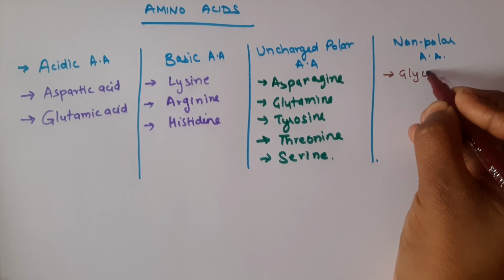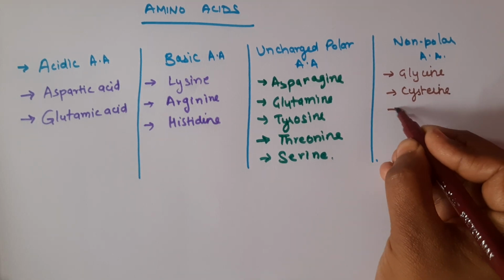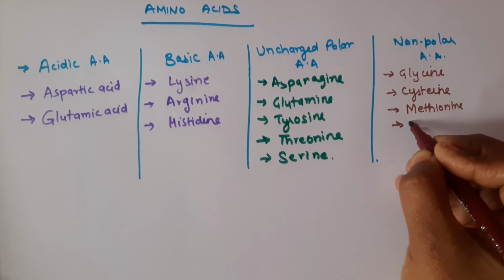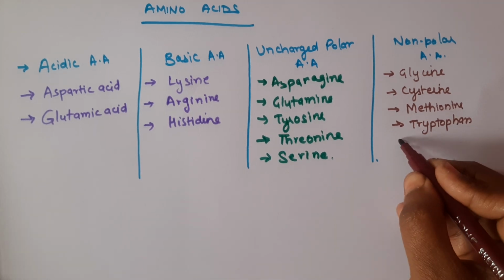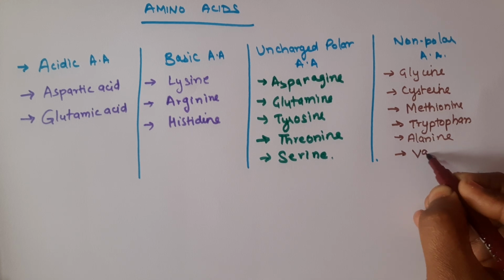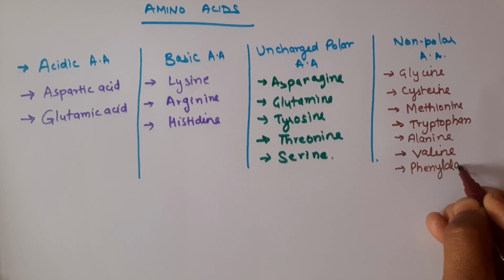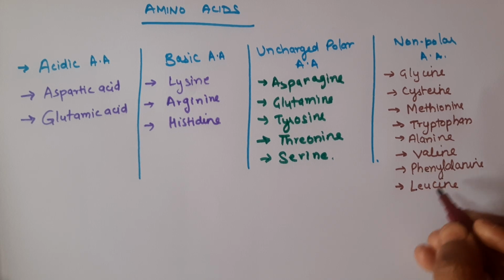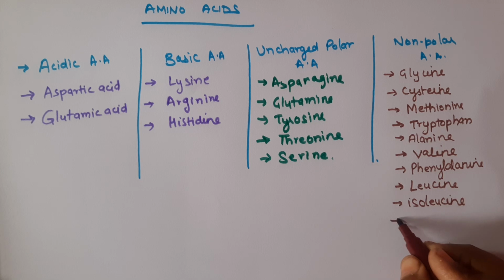So we have glycine, we have cysteine, we have methionine, we have tryptophan, we have alanine, we have valine, we have phenylalanine, we have leucine, then comes isoleucine, and lastly proline.